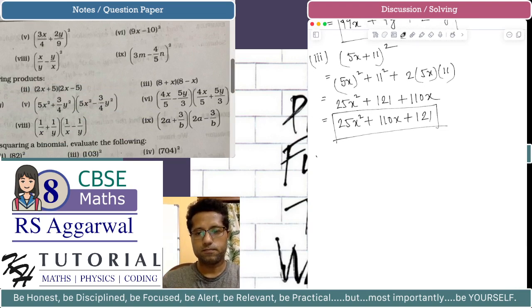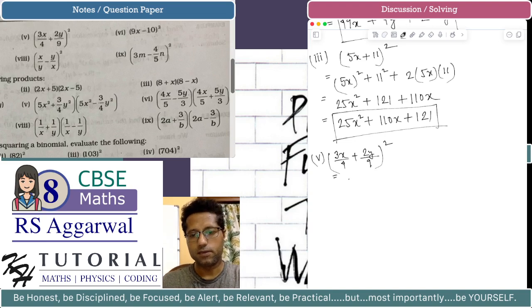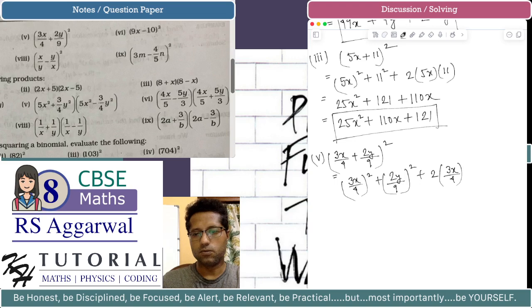Part 4 is (3x by 4 plus 2y by 9) square. So this is (a + b) whole square. So we have a square plus b square plus twice into a into b.